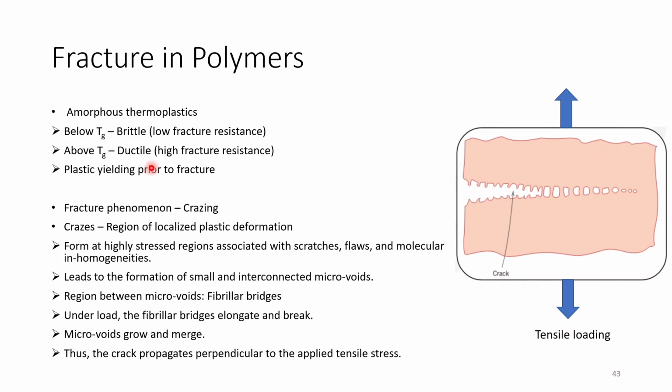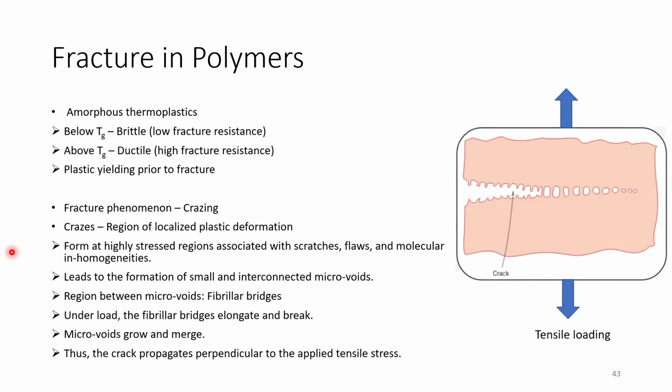Plastic yielding will be seen prior to fracture, and this fracture phenomenon is known as crazing in the case of polymers. Crazes are regions of localized plastic deformation, and these form at highly stressed regions associated with scratches, flaws, and some molecular inhomogeneities.